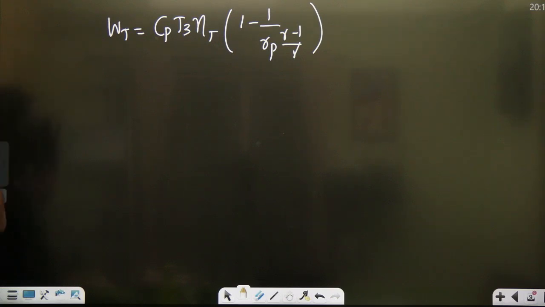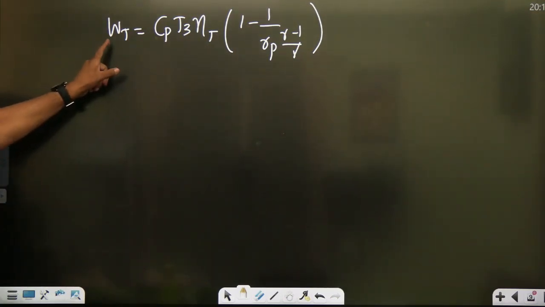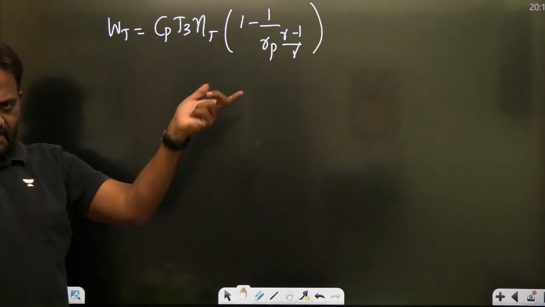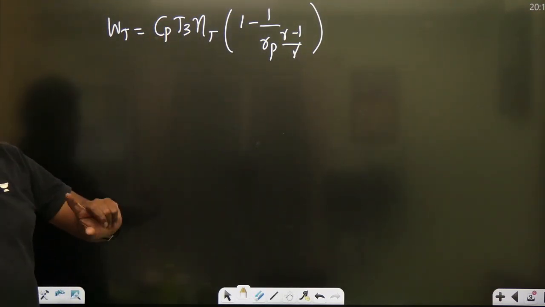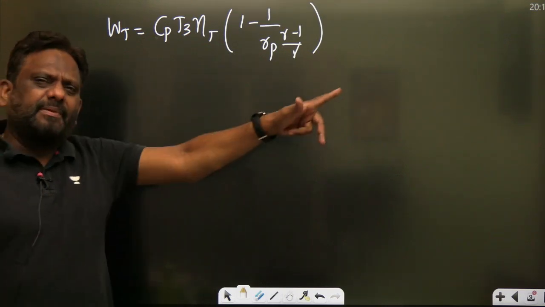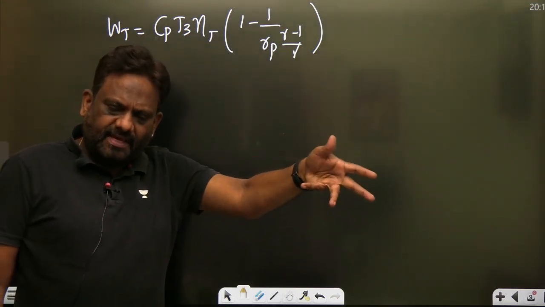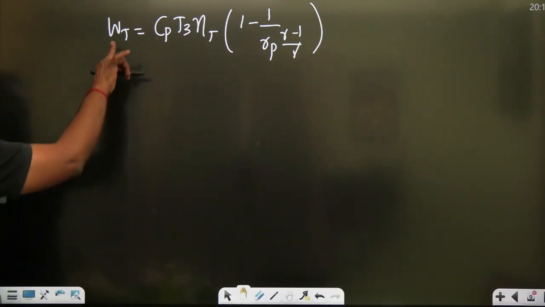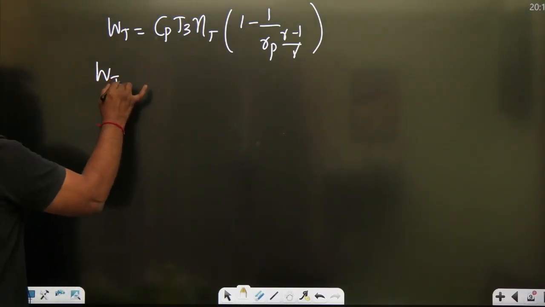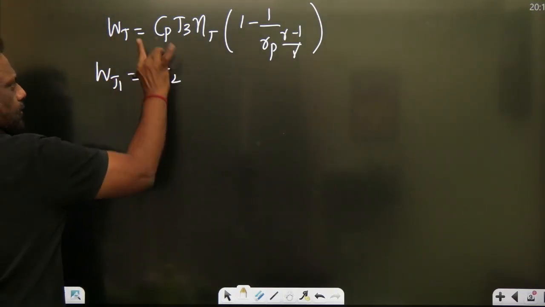Now, clearly he said, my dear students, the turbine work is the same in both the cases. Point number one. Second point, the inlet conditions are the same in both cases. Whatever may be the pressure ratio, in this problem he gave that the inlet temperature is the same. As the turbine work is the same in both the cases, I write WT1 equals WT2.